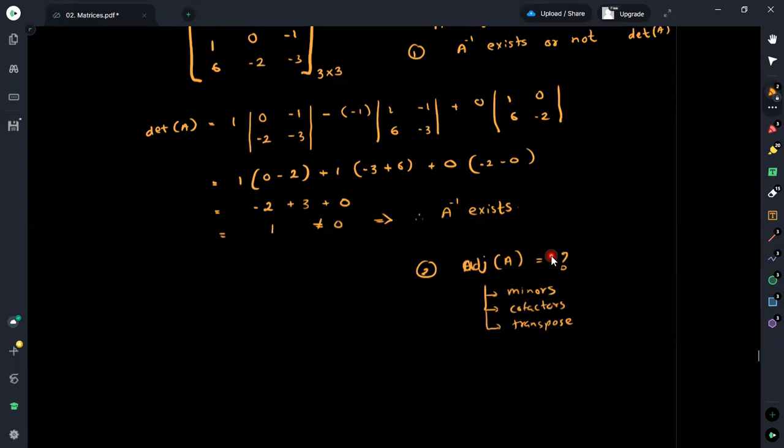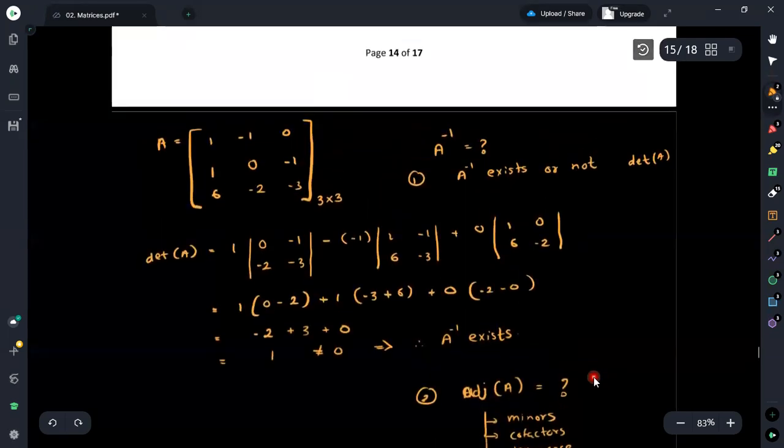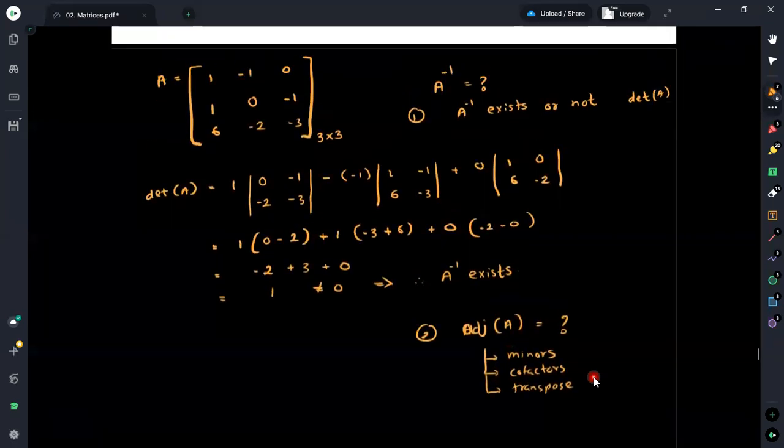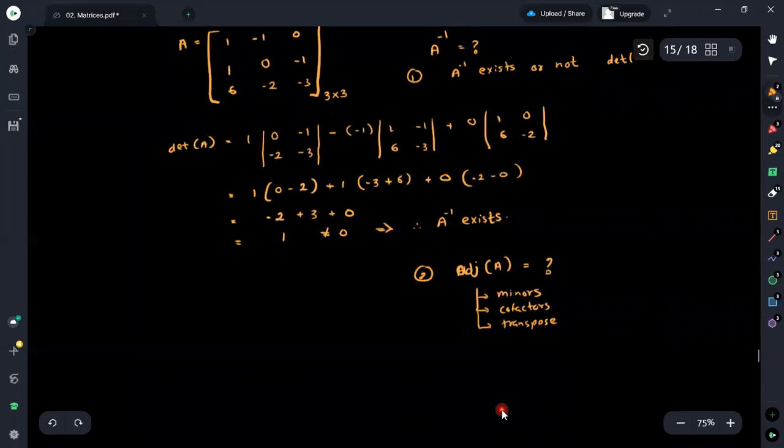Once you obtain the transpose, then we have obtained the adjoint matrix. Therefore, now we will try to use this concept to obtain the adjoint matrix. For now we need to obtain the minors and cofactors. First, I will obtain the minors.